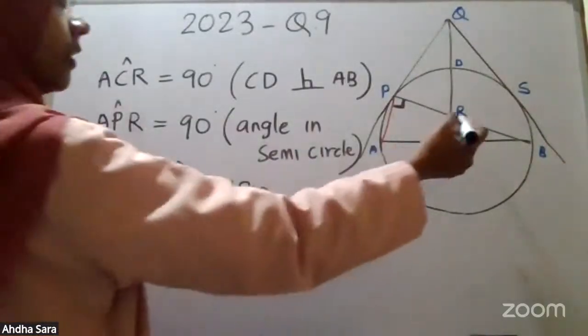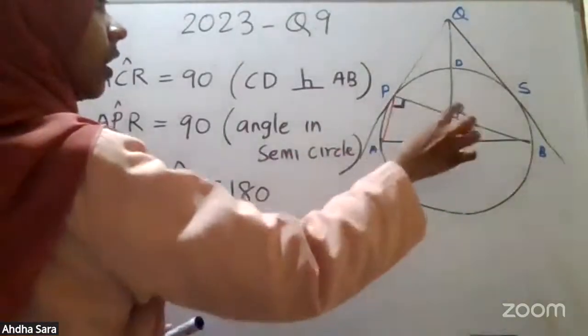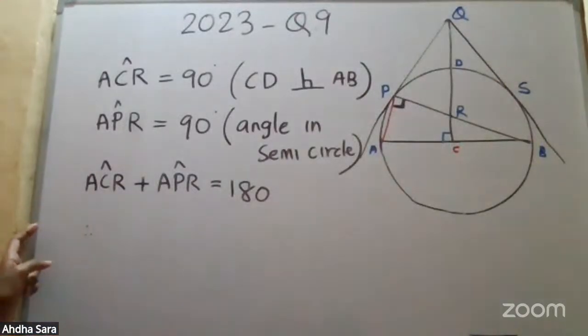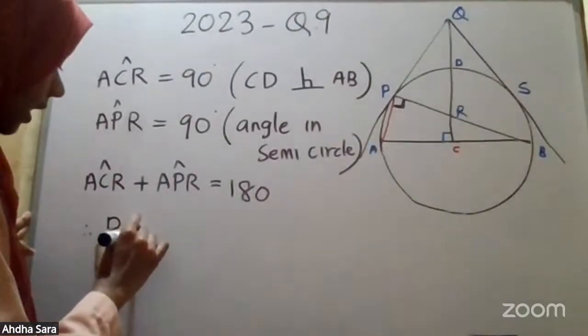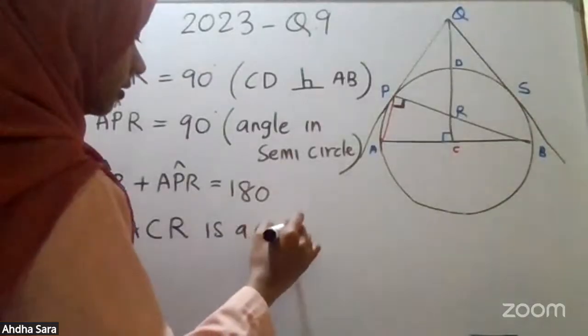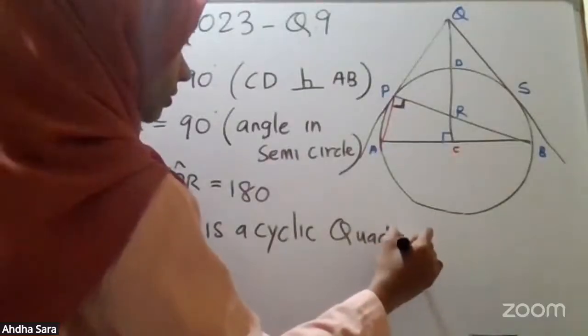So the angles ACR and APR are supplementary. Therefore, you can say the quadrilateral PACR is a cyclic quadrilateral.